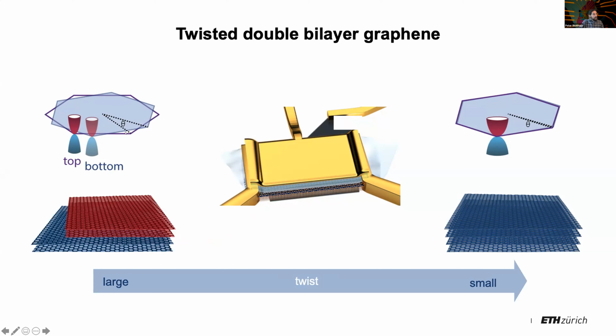And then you just twist it by the twist angle, which adds another cone from the other layer. And if the twist is large, and these cones are far apart from each other, they don't talk to each other so much. In the tiny case, it's essentially like having tetralayer graphene.